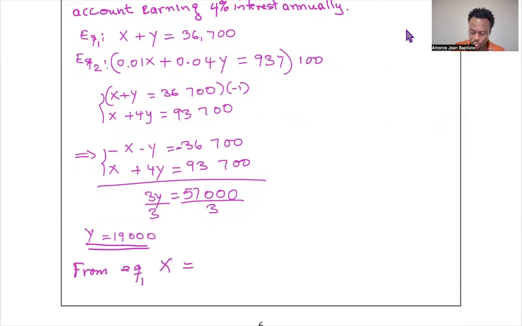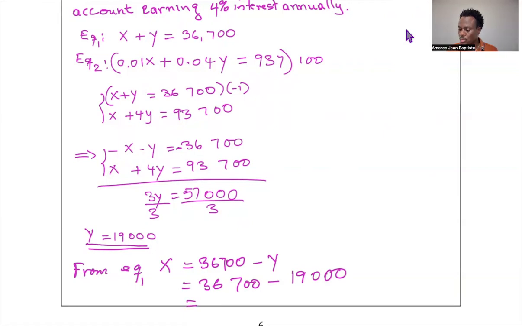X equals 36,700 minus y, which is 36,700 minus 19,000. So we get x equals 17,700.